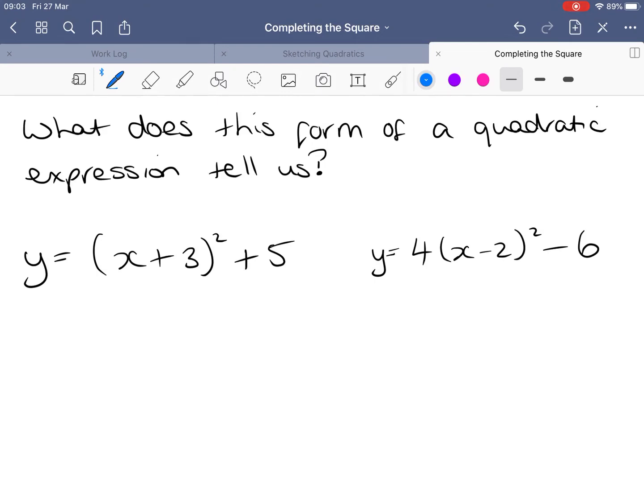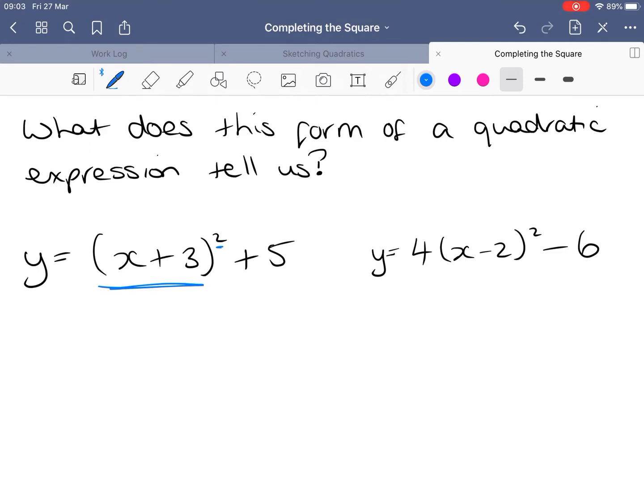And it's all because of the fact that this is a number that is squared. And if you think about any number, no matter what it is, when you square it, it always becomes positive. The only exception to that is 0, because 0 squared stays as 0.